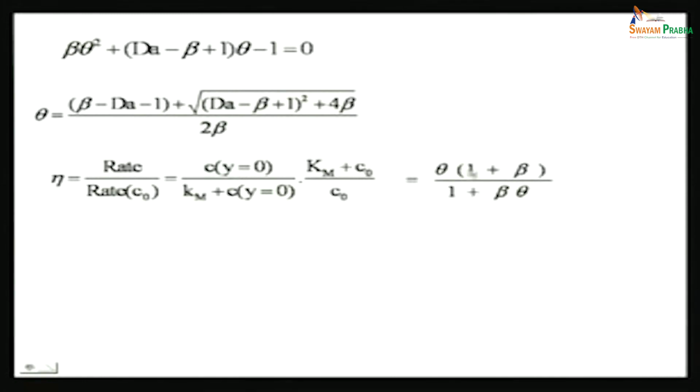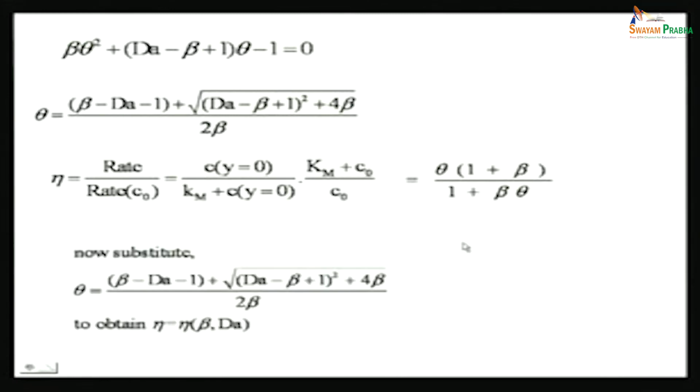So, theta times 1 plus beta over 1 plus beta theta. Once we substitute this, you can get your expression for eta. You already got your theta, you can substitute that back over there and get your expression for eta, which is again a pretty nonlinear expression, because that is what is expected.